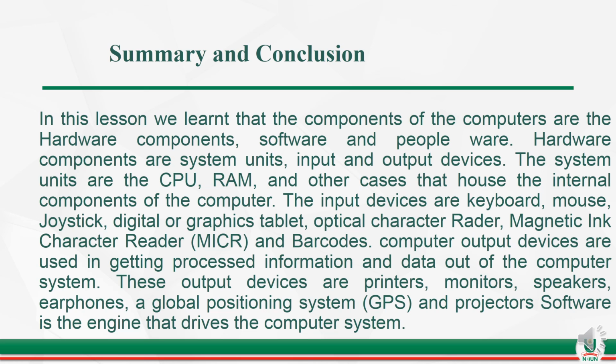We also learned about the output devices, which get processed information and data out for us for use. And the output devices are what? Our printers, our monitors, our speakers, our earphones, projectors and others.